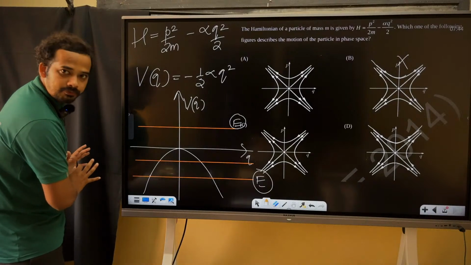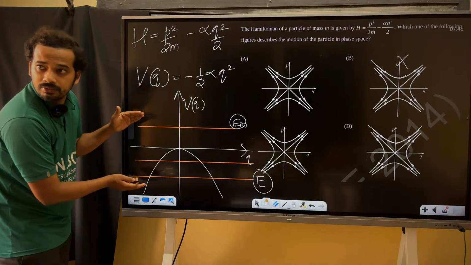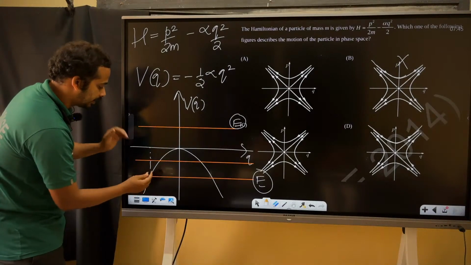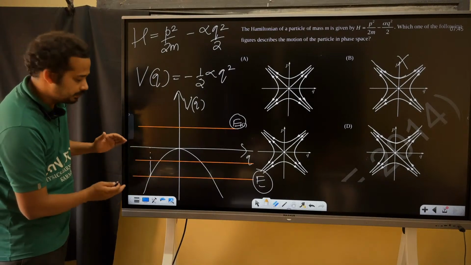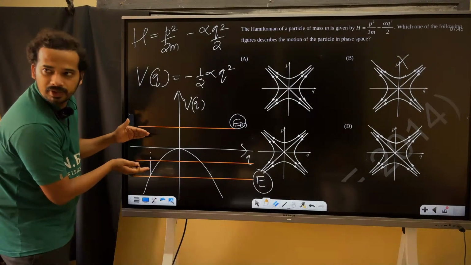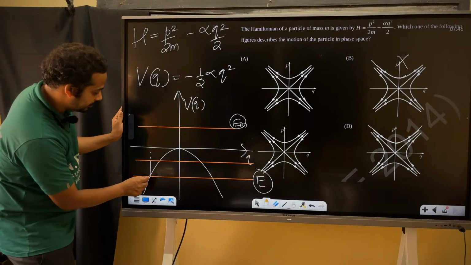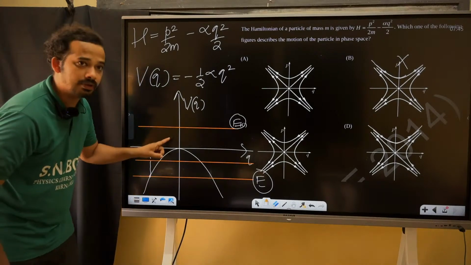From here, the momentum will keep on decreasing, positive but decreasing, and it will become a minimum value here. Again it will reflect back, isn't it? While it is coming, the momentum keeps on decreasing. So at this location, what is the momentum value? It is zero actually, because E equals V of x.